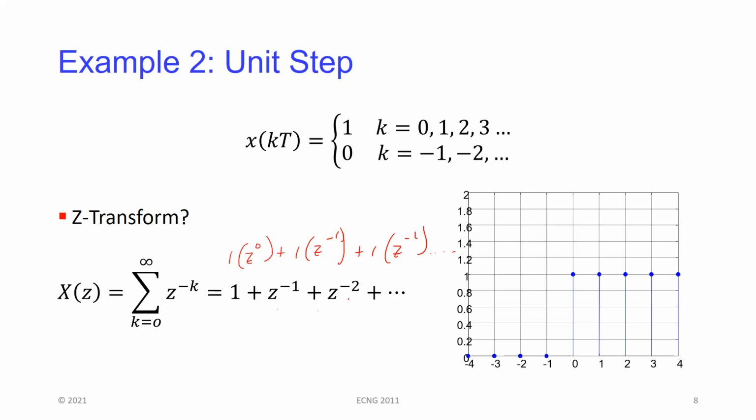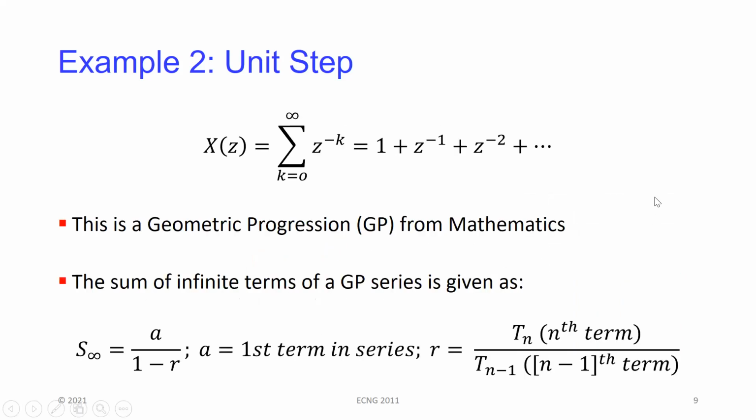And we said that if you remember now, this is a type of thing called a geometric progression from your mathematics. And there is a way this can sum to infinity. And if you could sum it to infinity, then the sum to infinity is a over 1 minus r, where r is the common ratio, right?